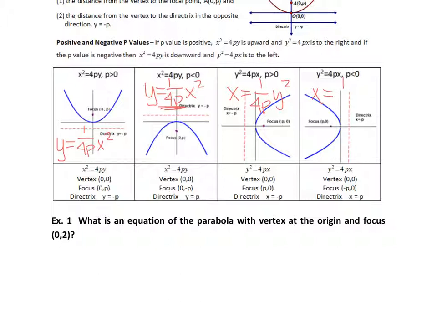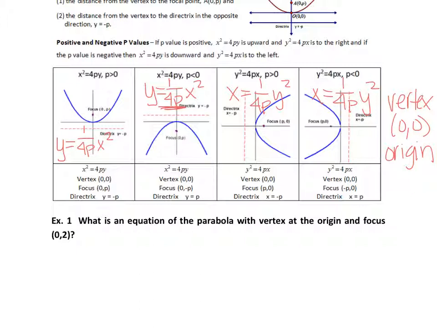Now, you would use these equations when you know the p-value, and we'll talk about finding that in some of our examples. These equations are based off the vertex, so this is when your vertex is at 0, 0, or at the origin.